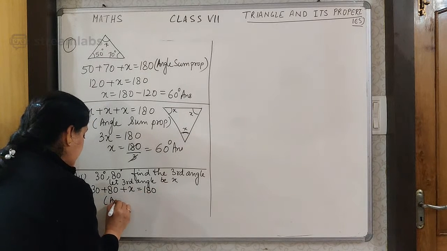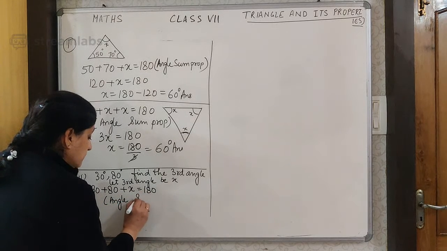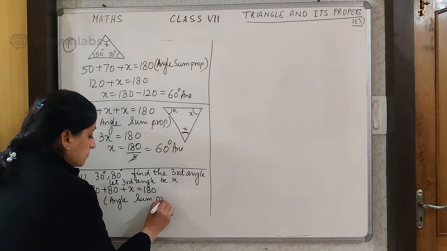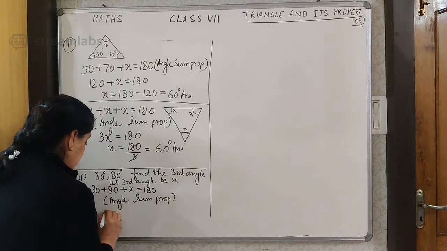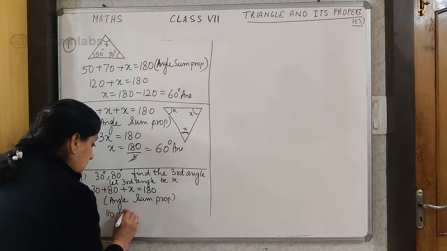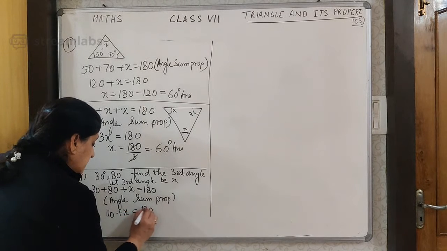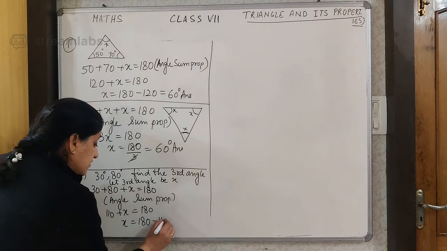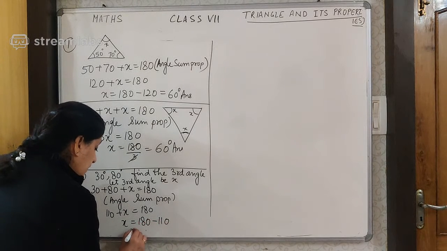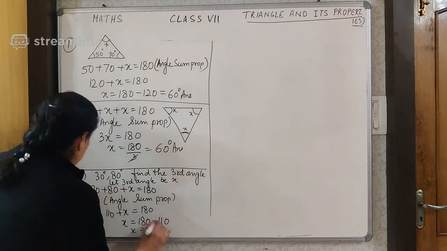Same reason I will write angle sum property. 110 plus x is equal to 180. Quickly you see what your answer is coming, and then you can give the answer in the comment also. x is equal to 70 degrees, the answer here.